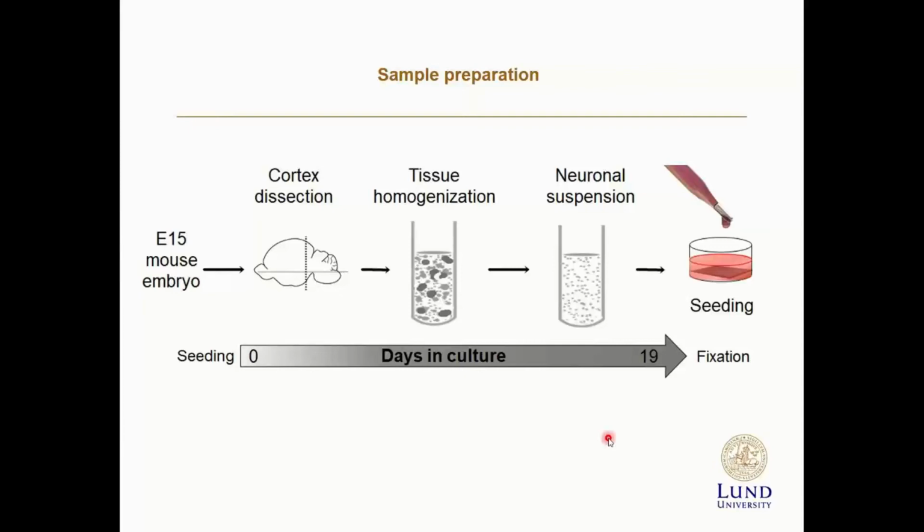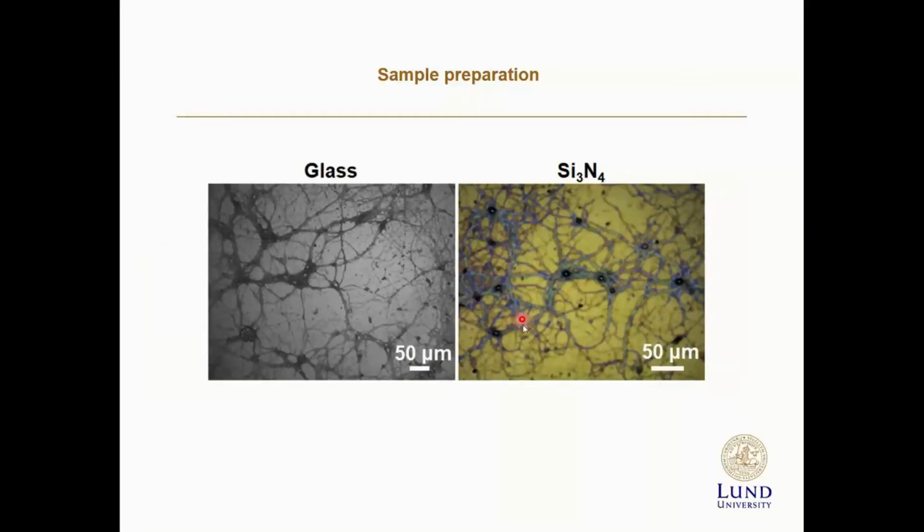When neurons have developed branches, as you can see in this picture, they have matured and connected very well. On glass, which is typically used to grow neurons for all experiments related to neuronal studies, we could see the same type of branching and connections that neurons form on silicon nitride.